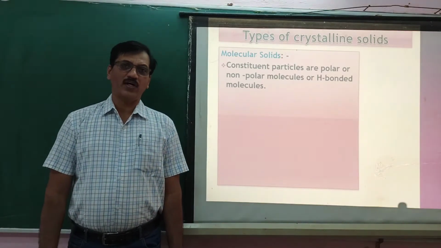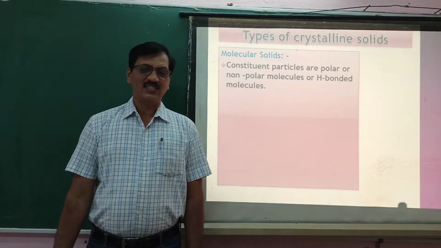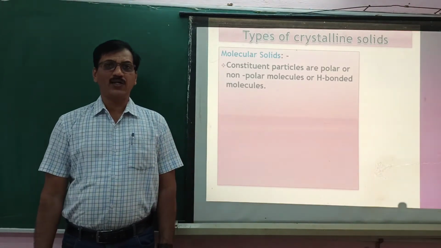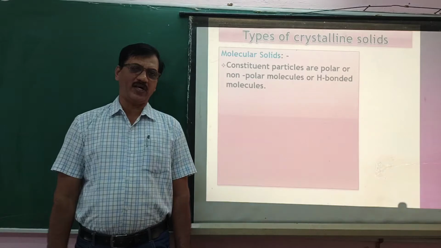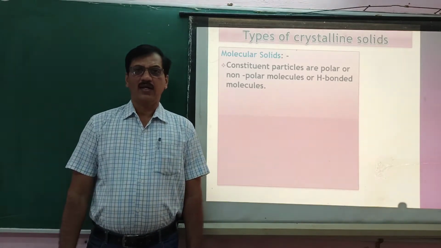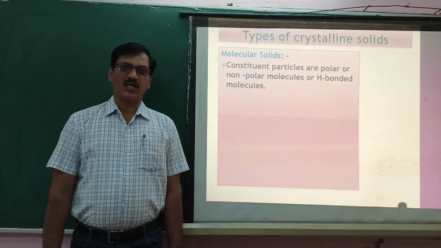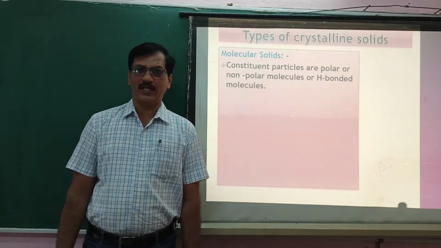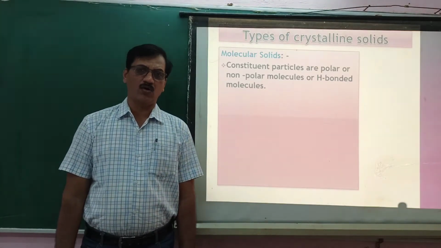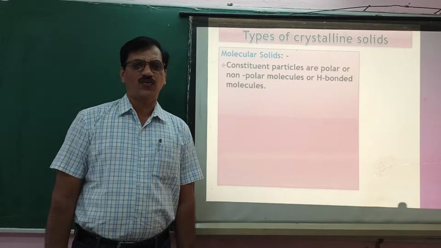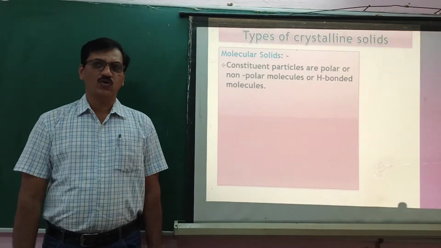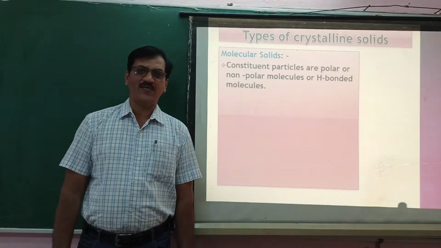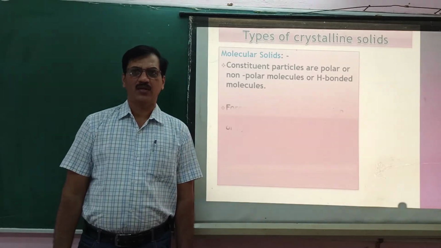For example, water in the form of ice is a molecular solid. Between 2 water molecules there is hydrogen bonding. Sulfur is solid because it is a bulky molecule having van der Waals force of attraction. Usually molecular solids have a low melting point.